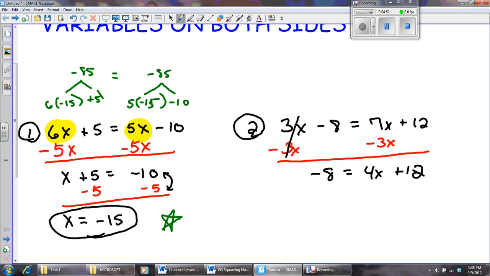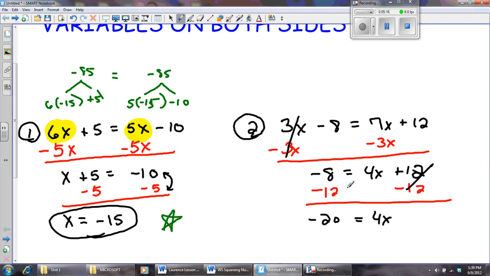So I'm going to subtract 12 from both sides, and then those will cancel. I'll be left with 4x. And if I have 8 negatives and 12 more negatives, I will altogether have 20 negatives. These don't cancel each other out. This is an addition problem. When the signs are the same, it's addition.